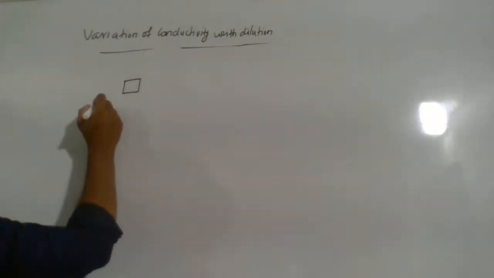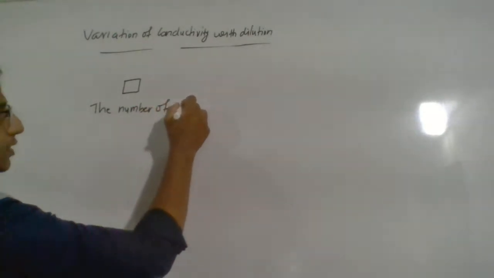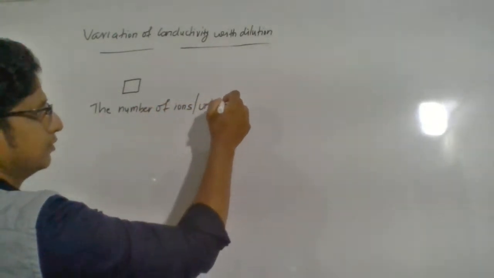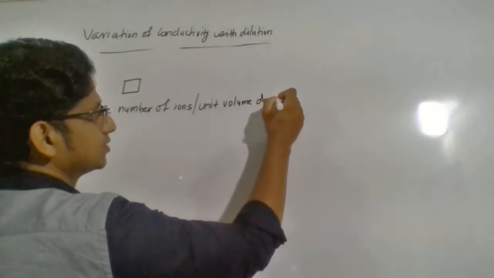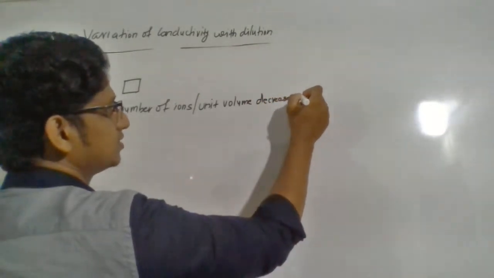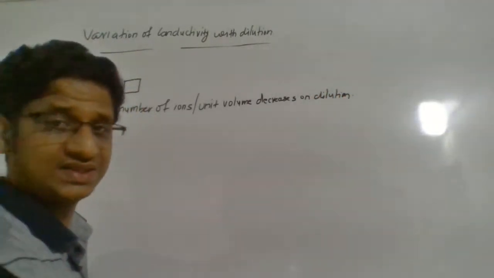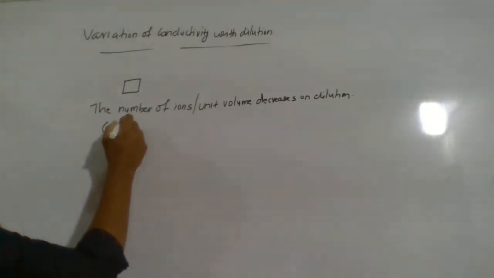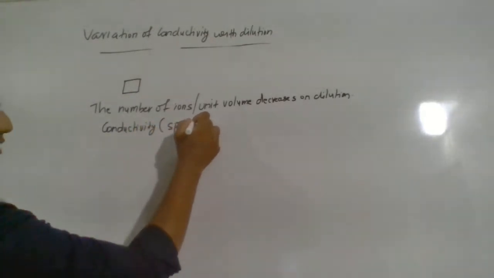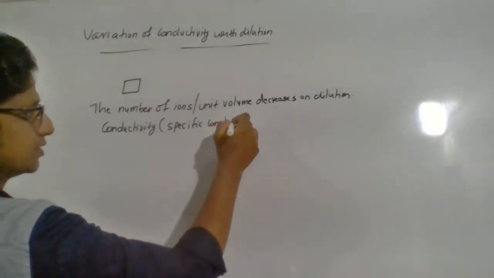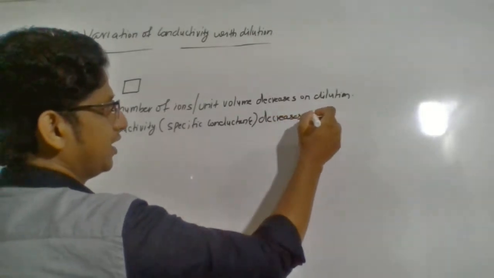So that's the point. The number of ions per unit volume decreases on dilution, hence the conductivity, or specific conductance, decreases on dilution.